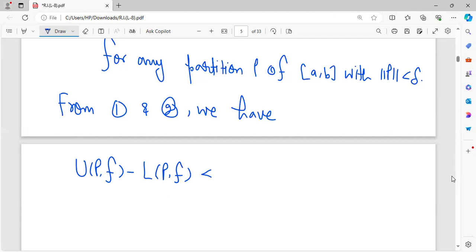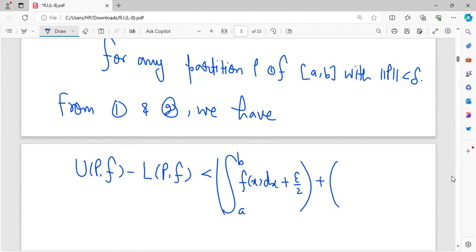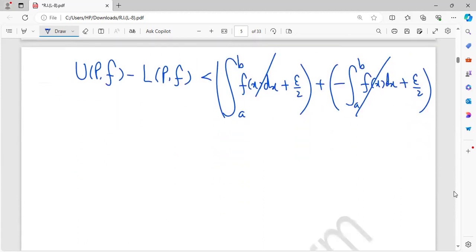U(P,f) is less than the integral of f from a to b plus epsilon by 2, and minus L(P,f) is less than minus the integral of f from a to b plus epsilon by 2. So this cancels out.